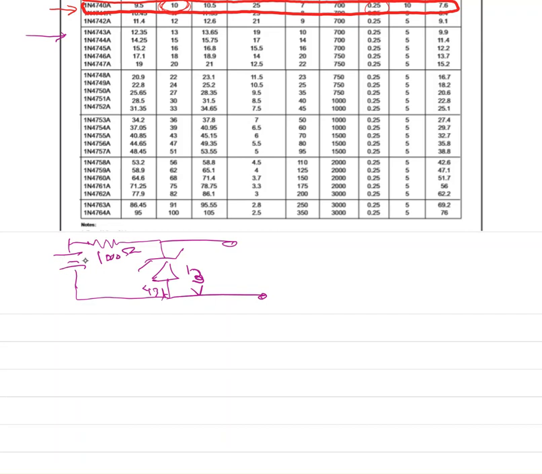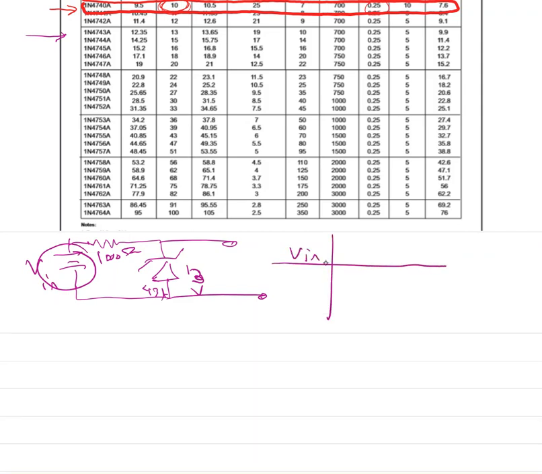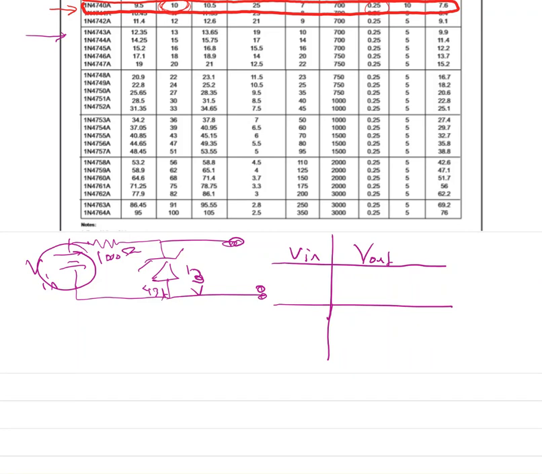I would like to see what will happen if I vary this voltage V input. So let's start by saying that my V input, and this is your V out, is equal to, let's say as an example, 5 volts. What will be the voltage at this terminal here, which is V output?